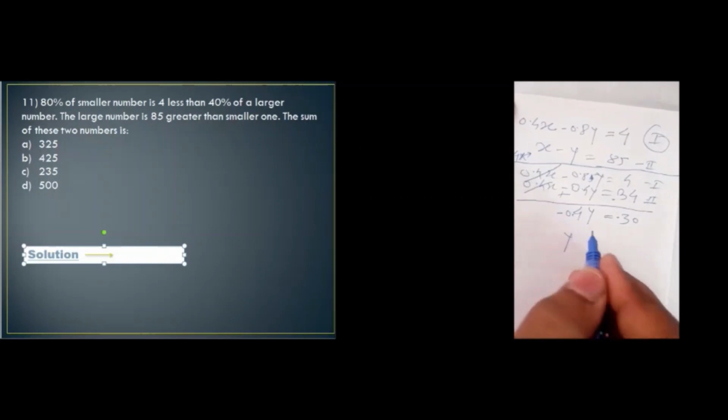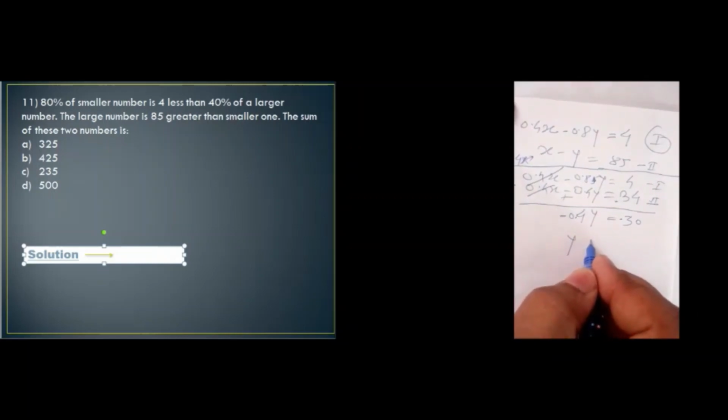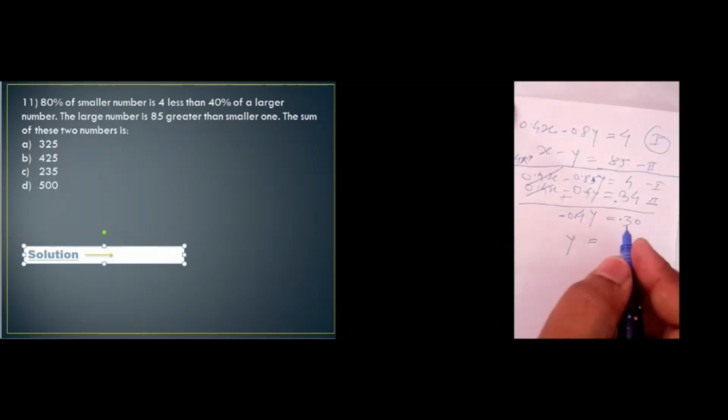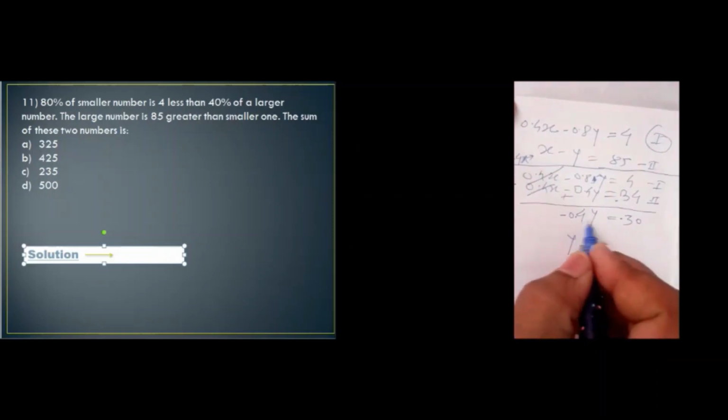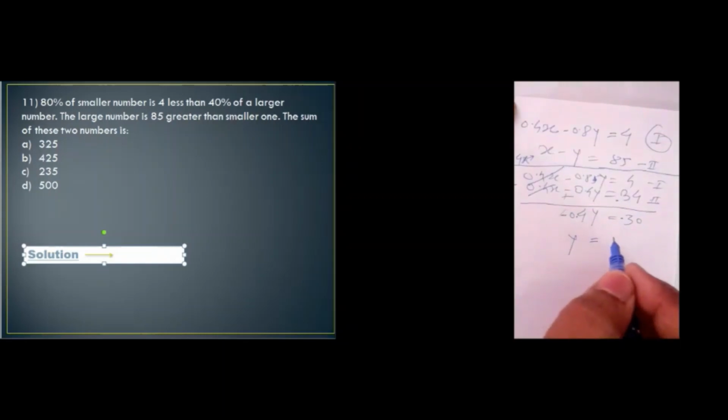So minus 0.4y equal to minus 30, the minus will be cancelled, so y equal to 75.